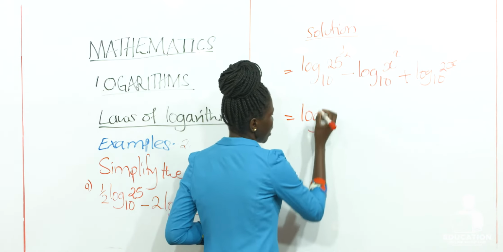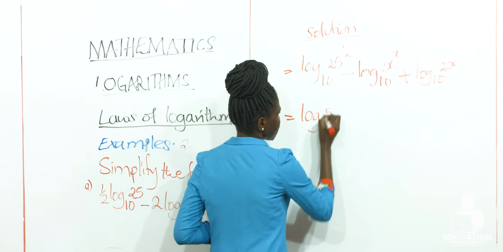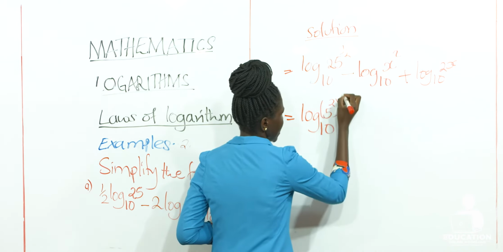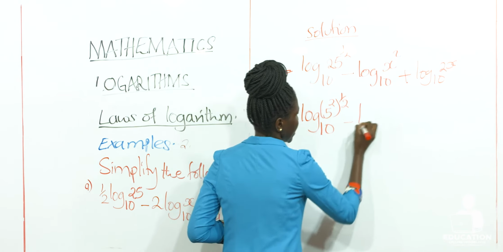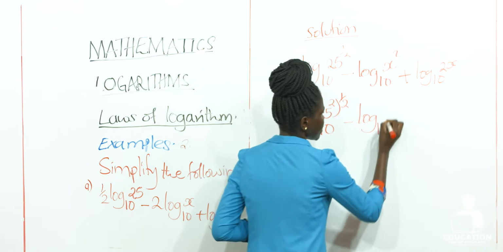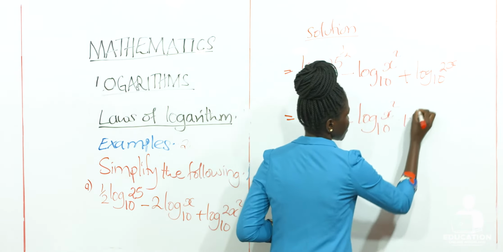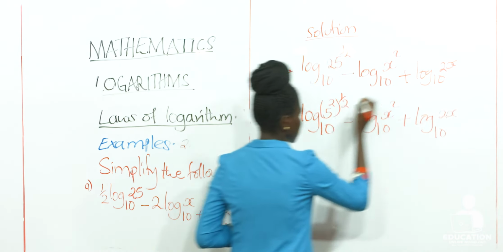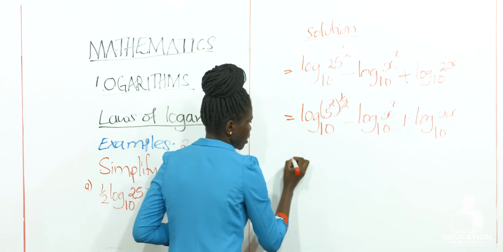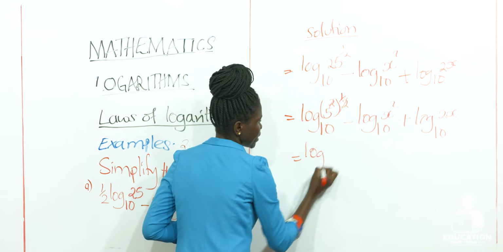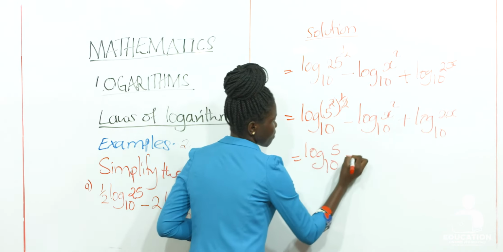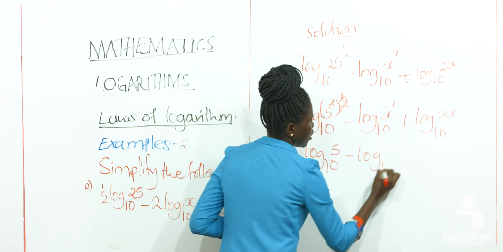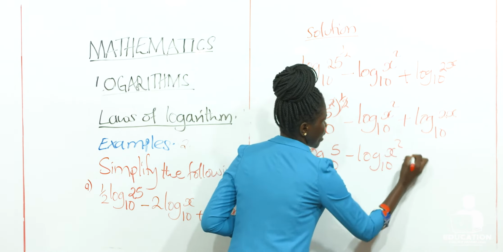So we shall have here log 10 5 squared times the power half minus log 10 x squared plus log 10 2x. These two will reduce this one, so you'll be left with log 10 5 minus log 10 x squared plus log 10 2x.